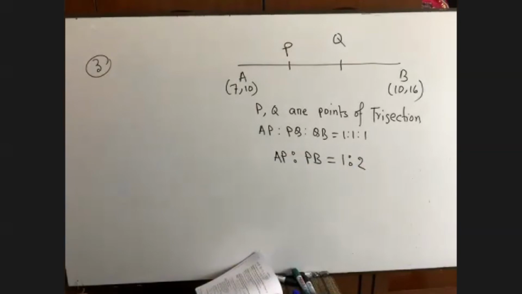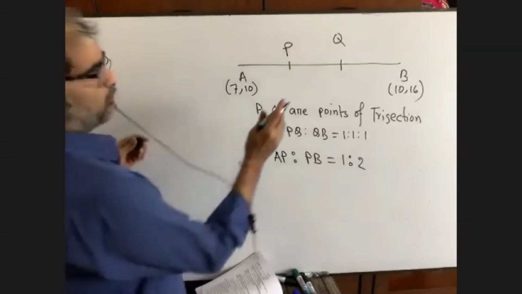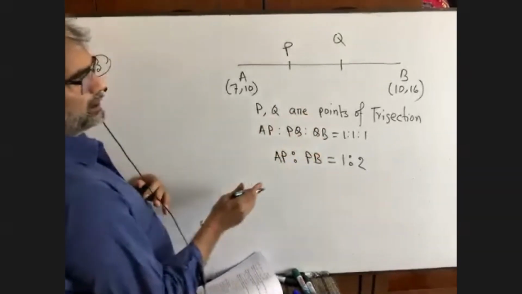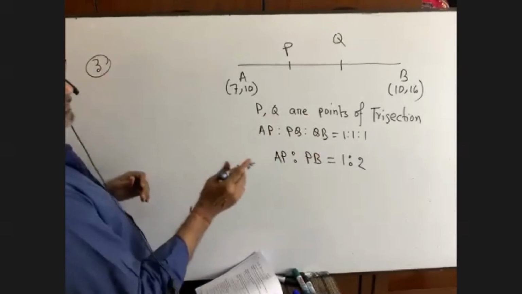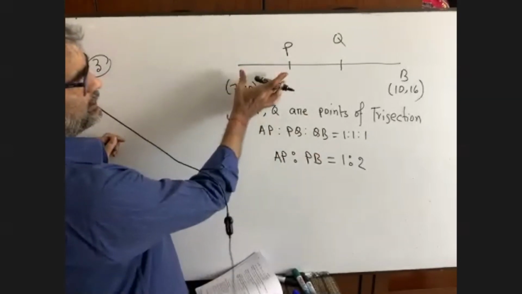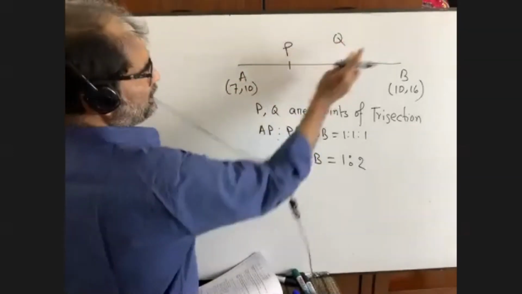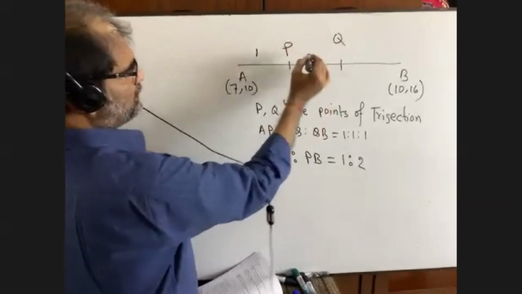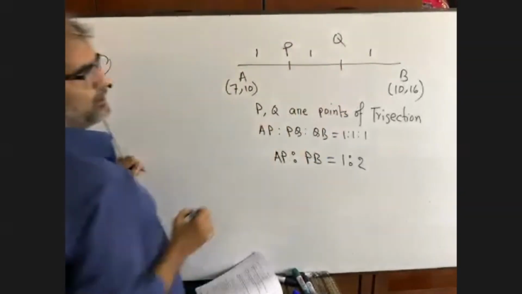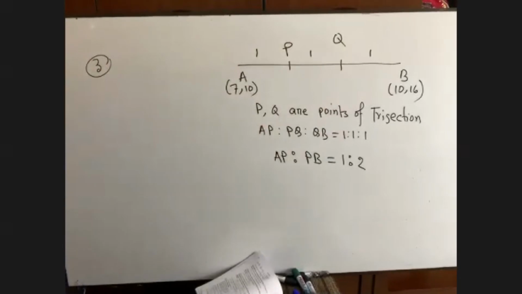But you failed to answer me. Sir, I didn't understand this. You have not got it. No, sir. You see 1, 1, 1. So this is 1, this is 1, this is 1, right? Okay, sir, I understand.